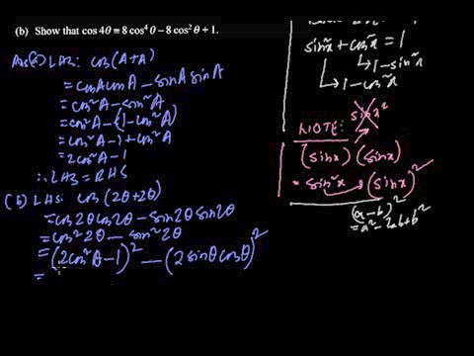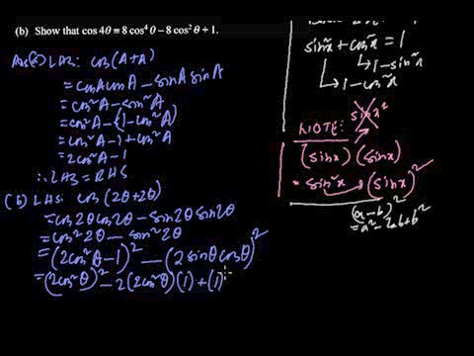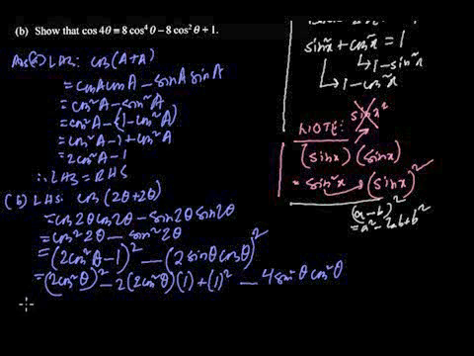For that case, a squared is going to be (2 cos squared theta) whole squared, minus 2ab. So 2 cos squared theta is a, and b is 1, plus b squared, 1 squared. Minus, and this portion (2 sin cos) whole squared is going to be 2 squared is 4, sin squared is sin squared, cos squared is cos squared.